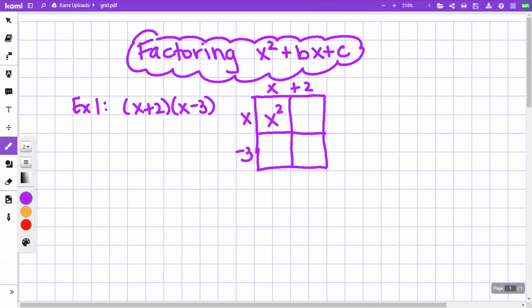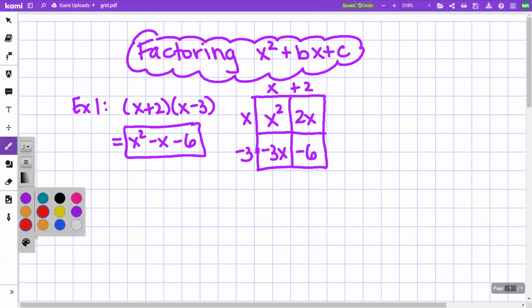We multiply and we got x squared, 2x, negative 3x, and a negative 6. Our answer was x squared minus x minus 6. What we're going to do now is the opposite. We're going to start with the x squared minus x minus 6 and try to get the factors, the x plus 2 and x minus 3.